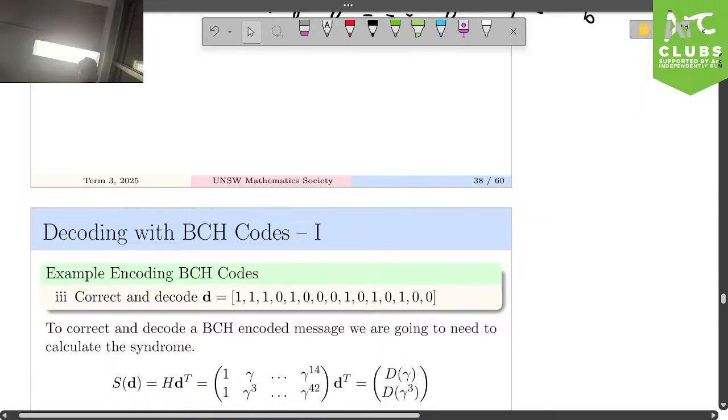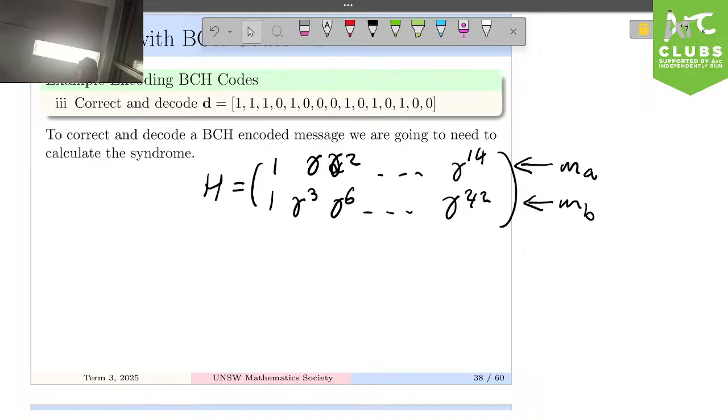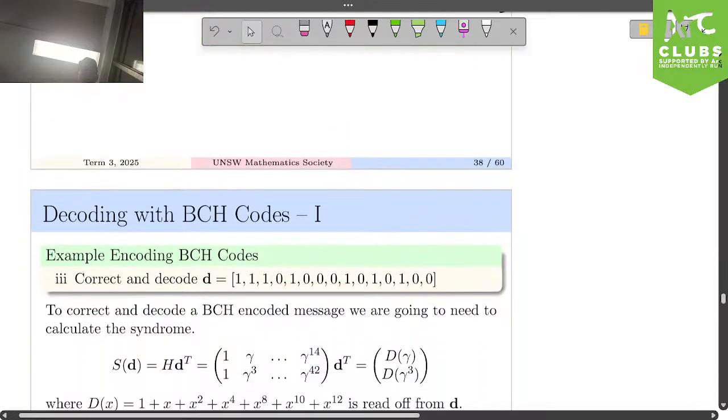If you write that in full, it would be really long, and each row would correspond to, yes, but you have two blocks. You have alpha to the 0, alpha to the 1, alpha squared, and then alpha cubed. And you have again alpha to the 0, but this is for the next set. Yeah. Okay.